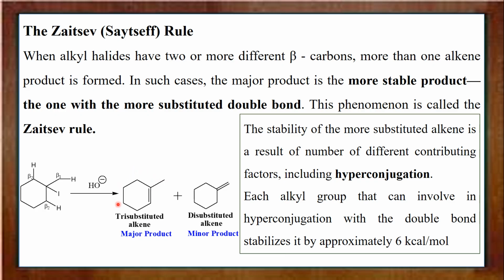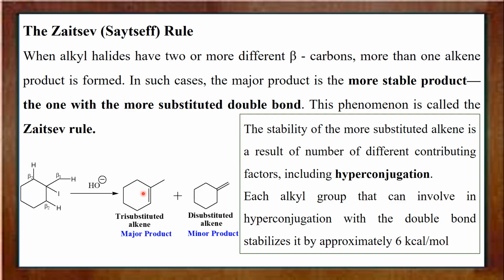Therefore, according to Zaitsev rule, the more substituted alkene is the major product, and this is the major product. 1-methyl cyclohexene is the major product.